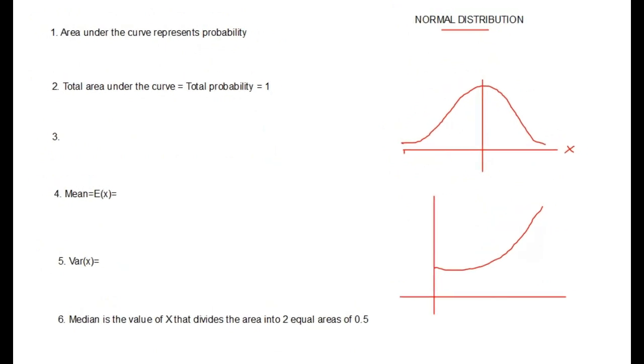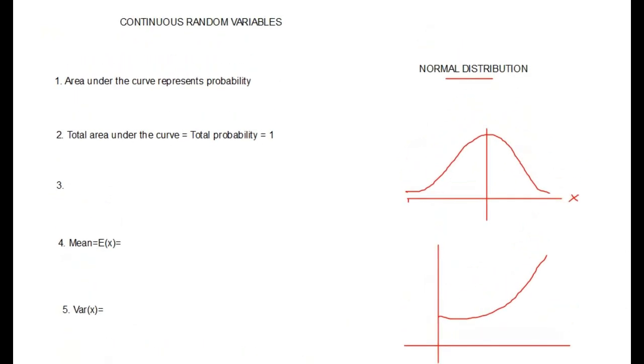Okay, so what were the features? The normal distribution had certain features that apply to all distributions of continuous random variables. So we're going to discuss those being the properties of continuous random variables. So first thing we want to talk about is this curve. This curve is the curve of the function, and we refer to it as the probability density function.